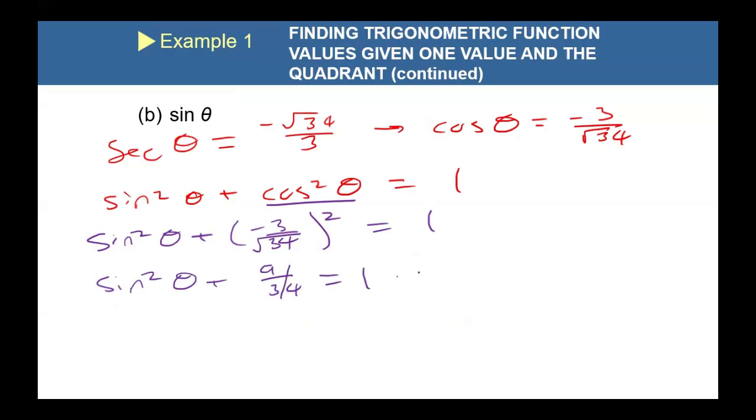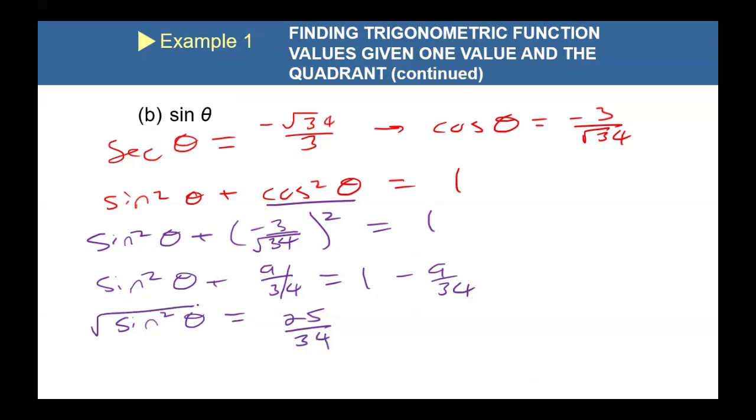I'm going to subtract 9 over 34. Still with me? And after I subtract 9 over 34, that's going to leave me with sine squared theta equals 25 over 34.